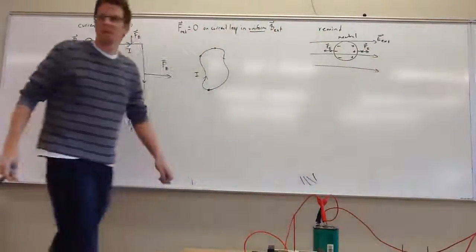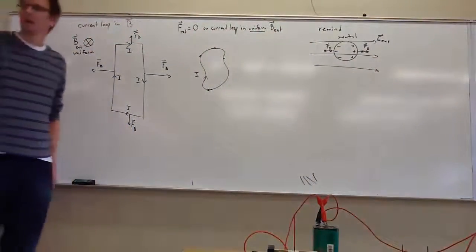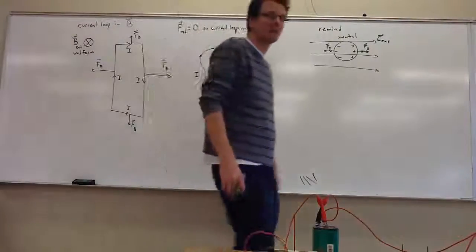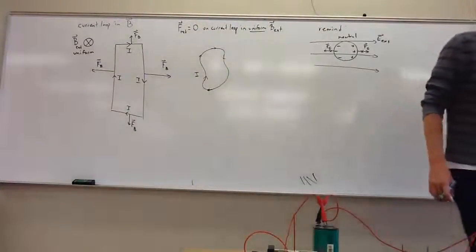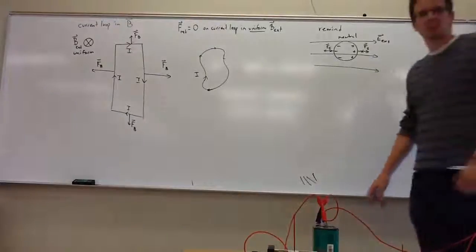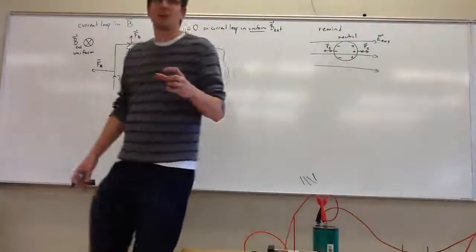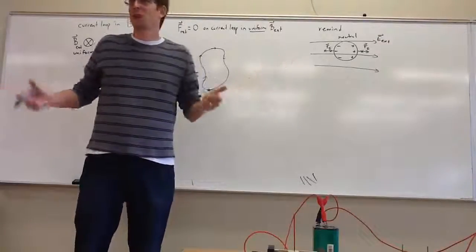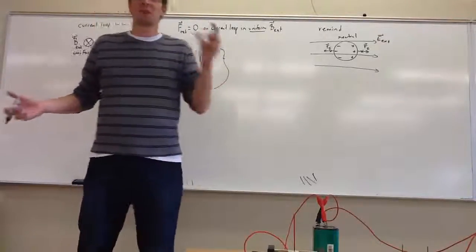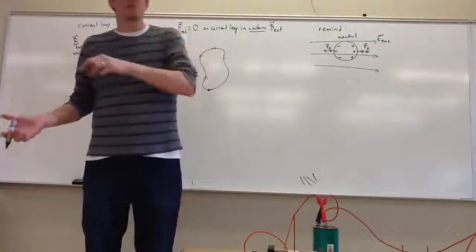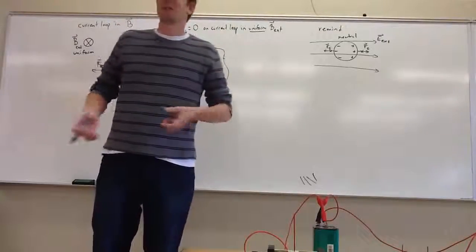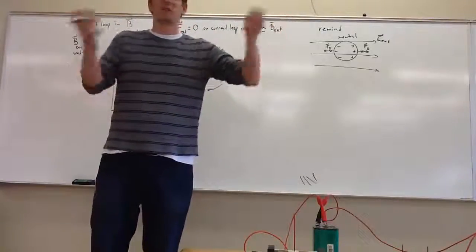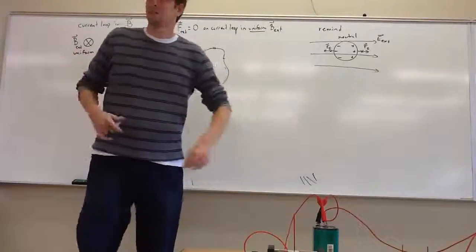So it's not the first time we've seen that a uniform field has no net force on something. And it's not a surprising result either, because we have a completely neutral object in a field that is exactly the same everywhere. So why would a neutral object prefer to be in one part of that field versus another part? It's a neutral object, and the field has no difference. No matter where you go, it's exactly the same.